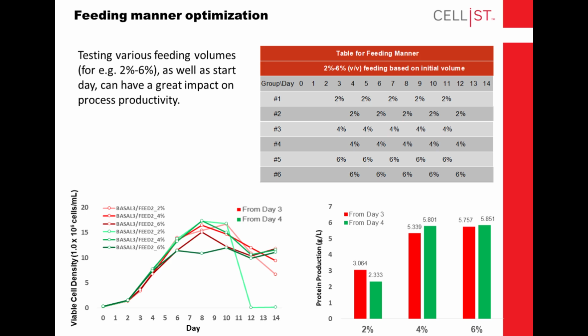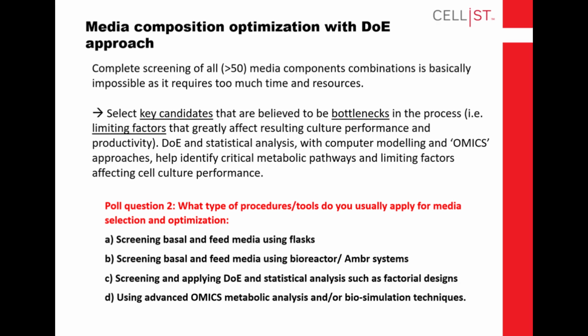For the next step, the question is how we can increase the titer by optimizing the actual media composition. Of course it's impossible to screen all of the more than 50, or sometimes 60, 70 different components, different raw materials, that compose the cell culture media. It takes too much time and too many resources, so it's not feasible.